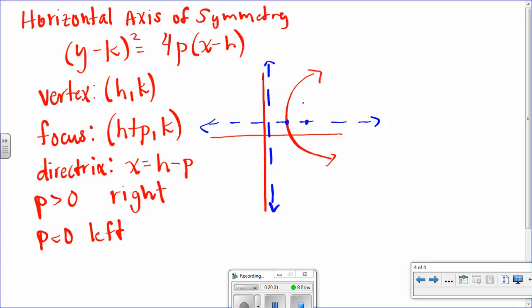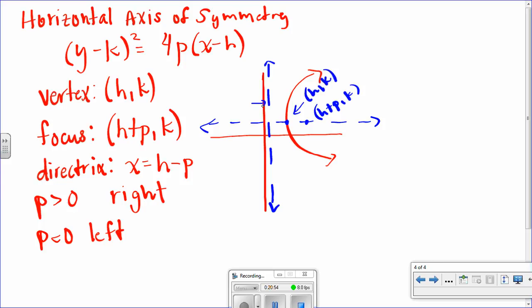Alright, so write down here, there's our h, k. See right here, we move to the right, so that's h plus p, comma k.